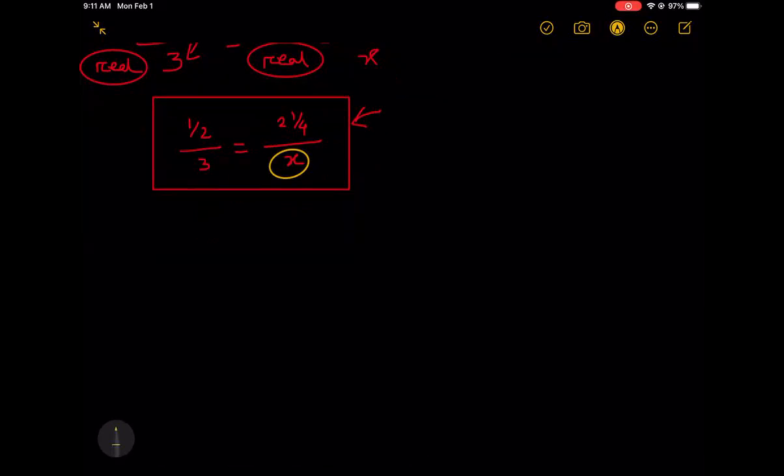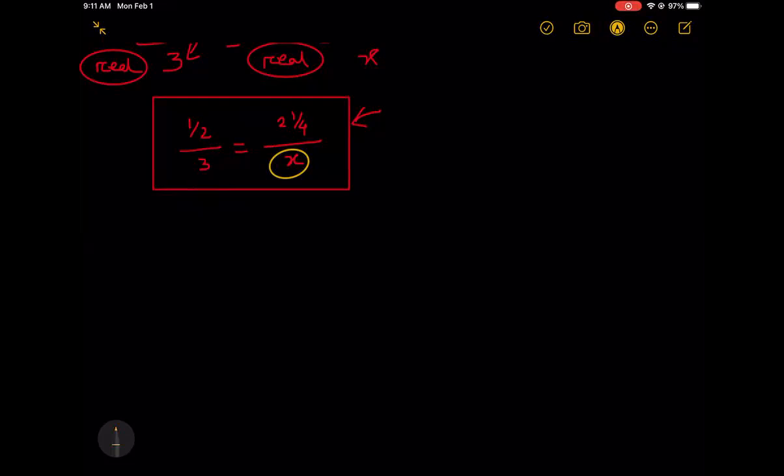If it was in the numerator, we would have multiplied both sides by the denominator. But on this occasion, our unknown value is actually on the denominator. Now, how should we rather isolate this? What's the operation we can do here?